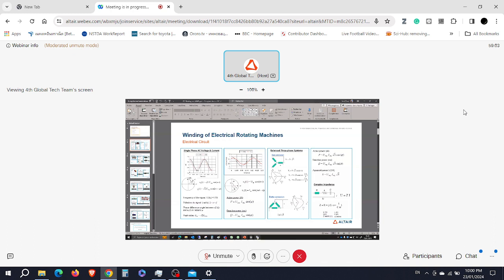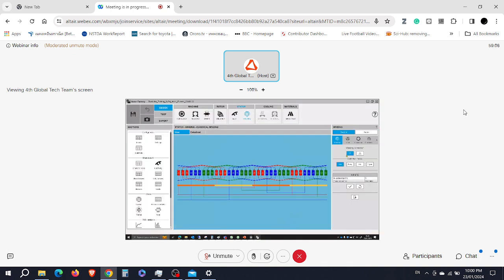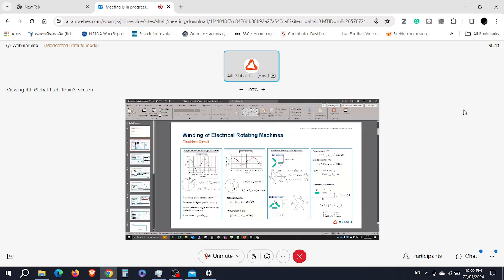If I go to the winding here, you will see it. Flex Motor will ask you which winding you want to do. The star connection is made like this, and it's a system of 3 phases with 120 degrees as a phase angle between the 3 phases, right?